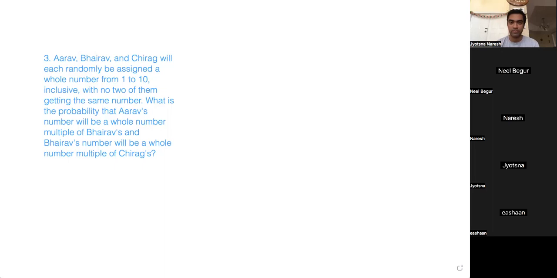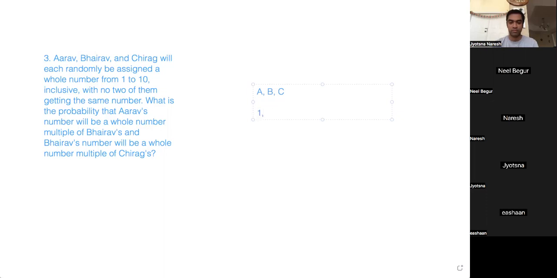Okay, so I pretty much did this all out. I just made Aarav, Bhairav, and Chirag A, B, and C, and knowing all the combinations, A is not existent value, and I started with B. So when B is equal to 3, then A is equal to 6 or 9.